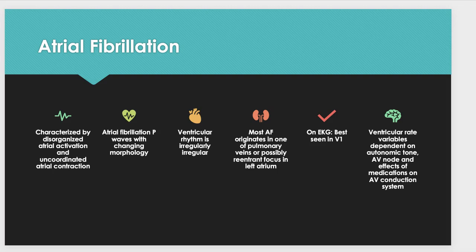Most AFib originates from the pulmonary veins, or possibly a reentrant focus within the left atrium. This is seen on EKG. It's the only way that we can truly diagnose atrial fibrillation, and it is best seen when you're looking at V1. And you'll have ventricular rate variability dependent on the autonomic tone.